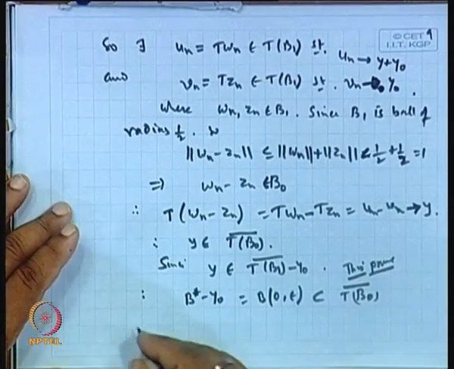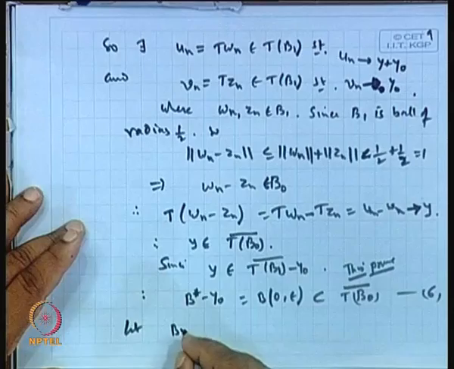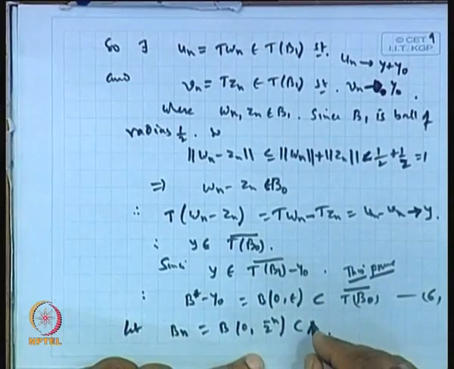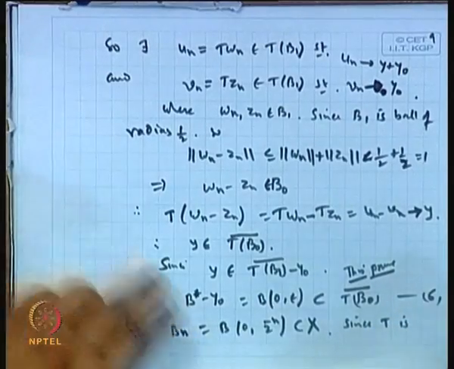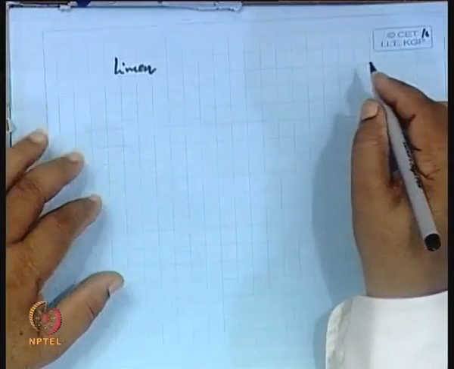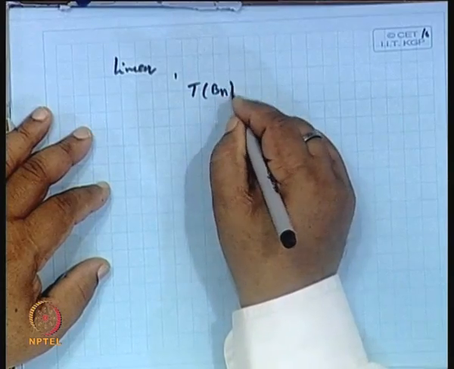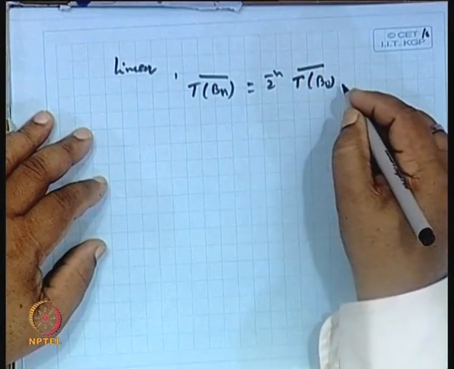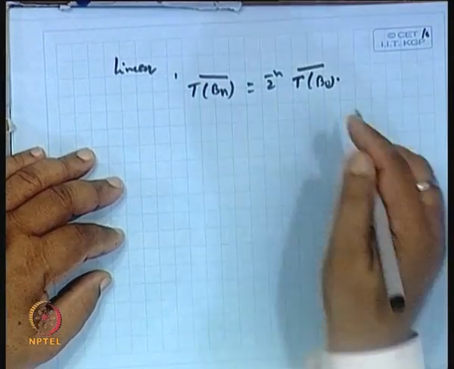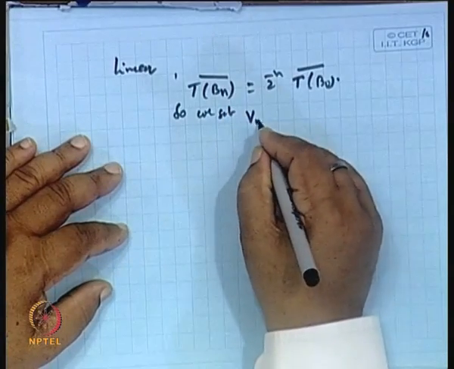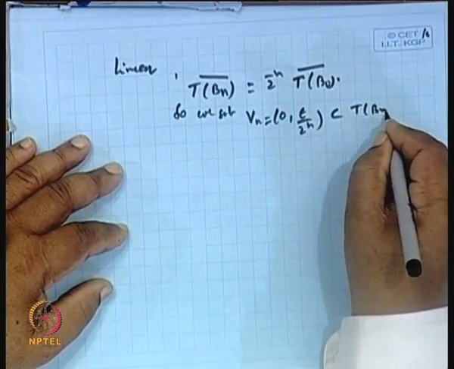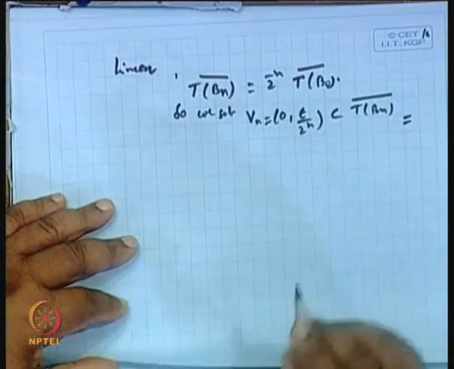Let V n be centered 0 with a radius 2 to the power minus n contained in X. Now, since T is linear, the image of T B n will be 2 to the power minus n T of B naught closure, and from this we obtain that V n, which is centered 0 with radius epsilon by 2 to the n, will be contained in T B n closure. Okay, and this completes the proof.